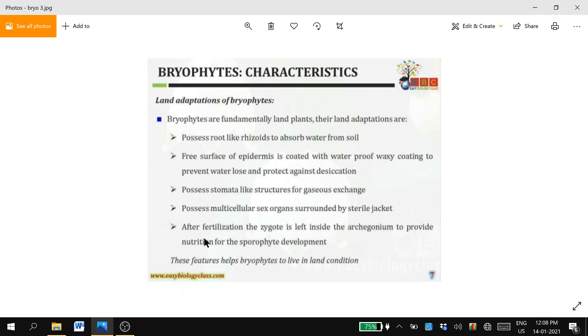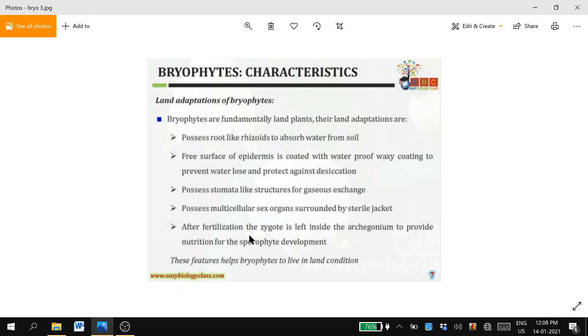When we talk about the process of reproduction, the process of fertilization results in the formation of a zygote, and this zygote remains inside the archegonium. Due to this phenomenon, the zygote can get nutrition from the archegonium, and this helps in the development of the sporophyte.